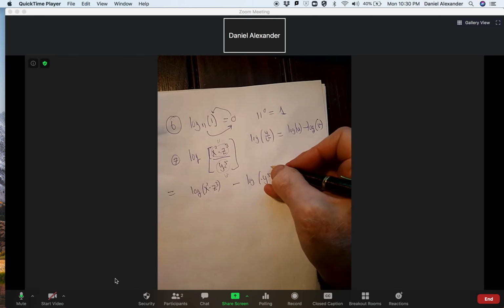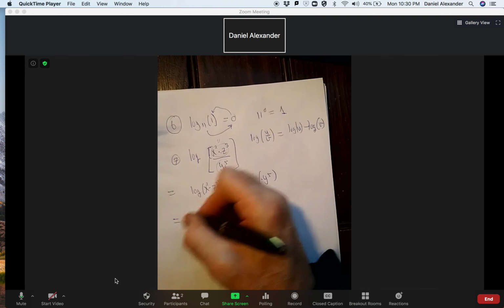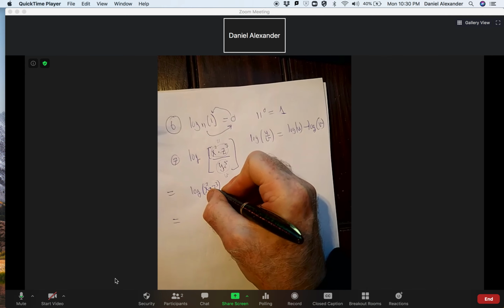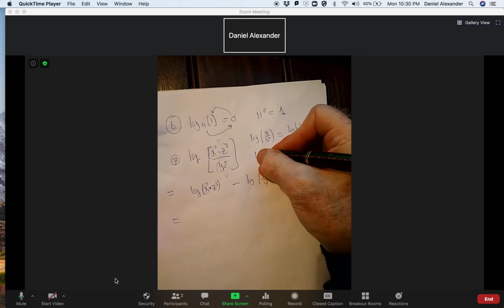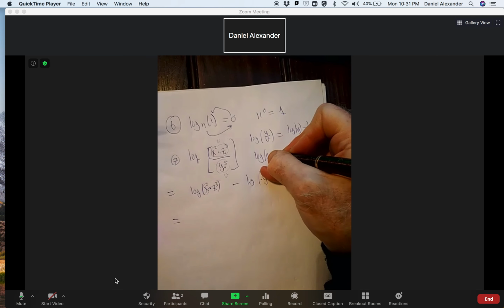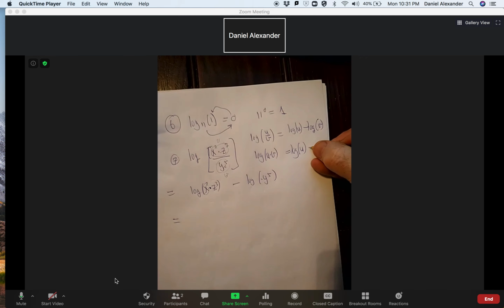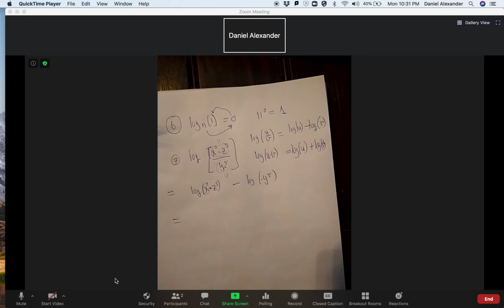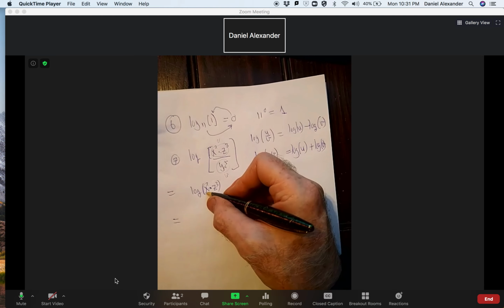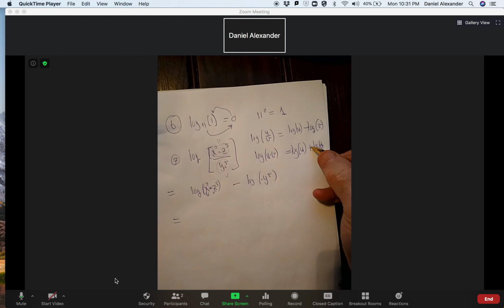So now I can do a couple of things. Now I have a multiplication here, so I'm going to use this rule. Log of u times v is equal to log u plus log v. So this is going to be my u, this is going to be my v, it's going to have a plus.